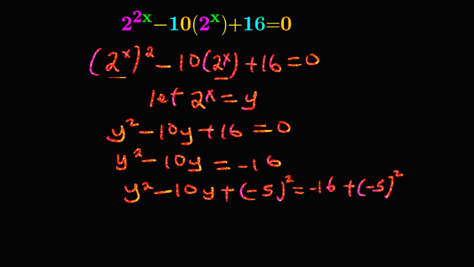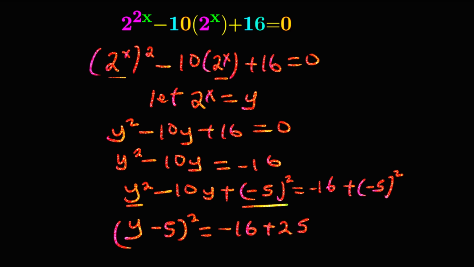So we take the perfect square in the left hand side, that is taking the square root of y squared, that is y, and taking the square root of the new c, that will be minus 5, and then squaring it. And then we now simplify what we have on the right, that will be minus 16 plus negative 5 squared is 25.